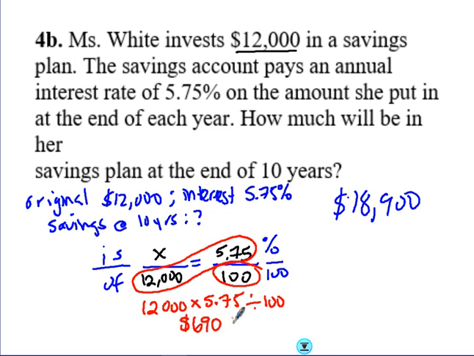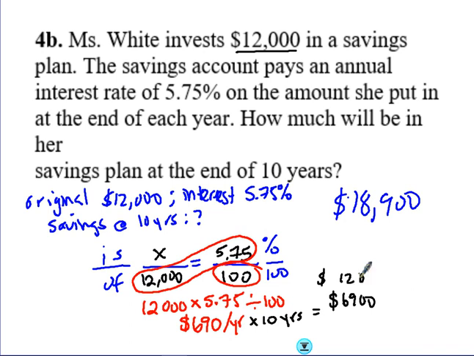So she's going to get $690 per year. But because this is going to occur for 10 years, we're going to multiply that by 10 to find out how much she makes in 10 years. And 690 times 10 is just $6,900 for 10 years, but she started off with $12,000.